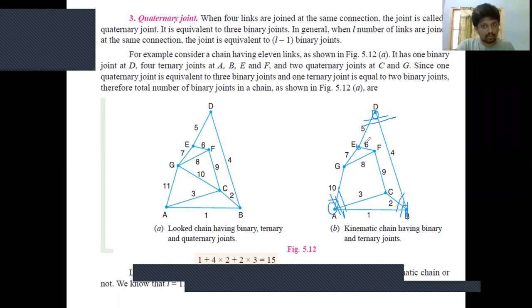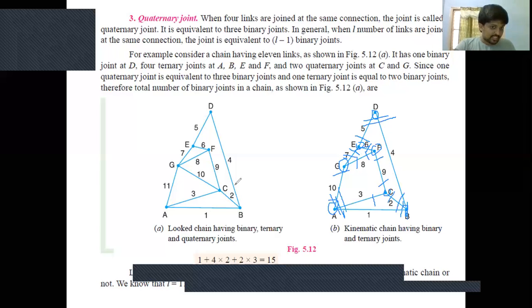E is making 1, 2, 3. F is also making 3. G is also making 3. C is making 1, 2, 3. Got it? I think you're understanding how to count the number of joints, right?